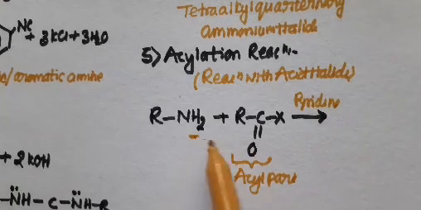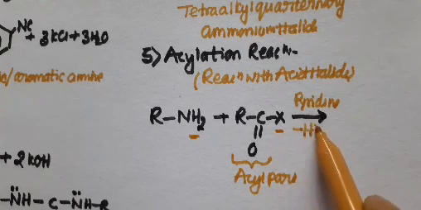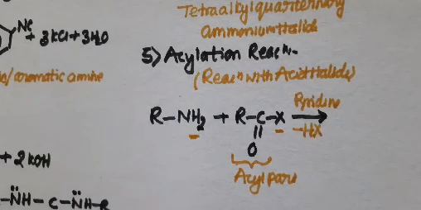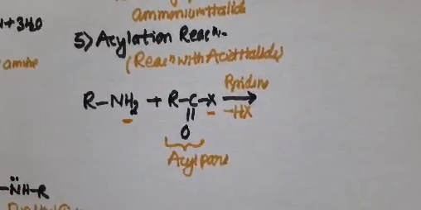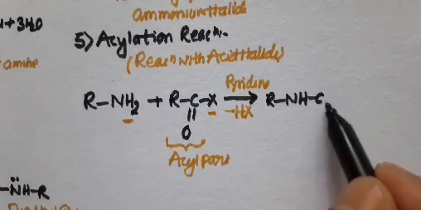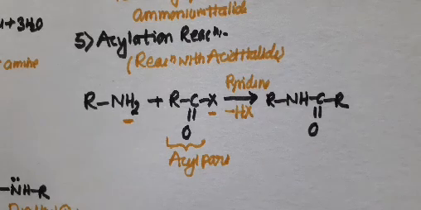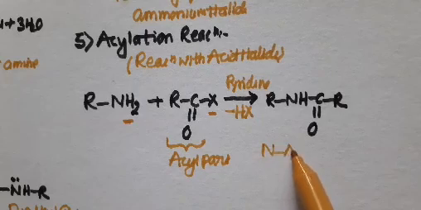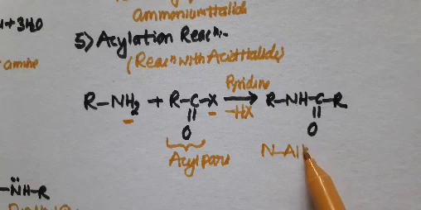One hydrogen removes from the amine and one halogen, so it will be HX, and the final product will be R-NH-C double bond O-R, and its name can be written as N-alkyl alkanamide.